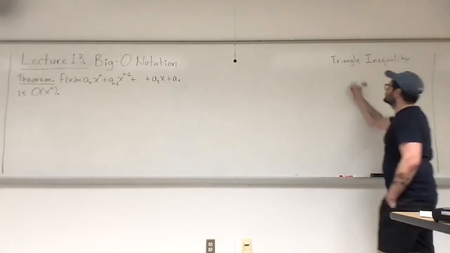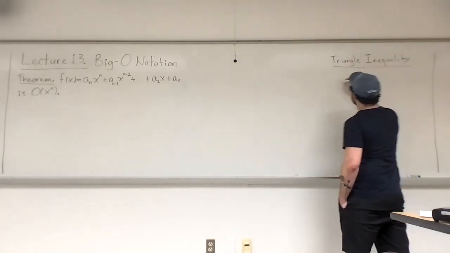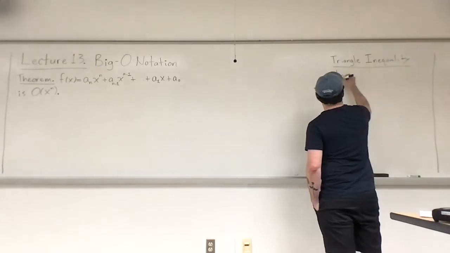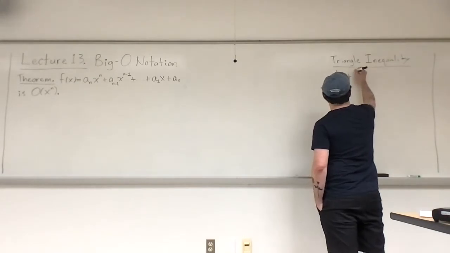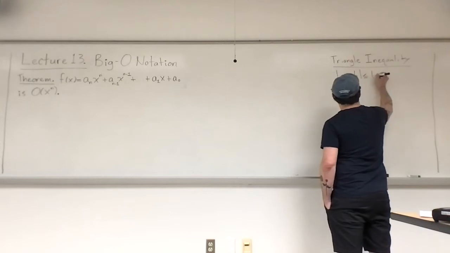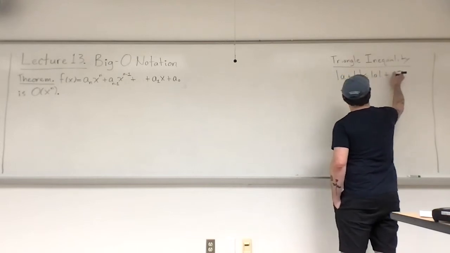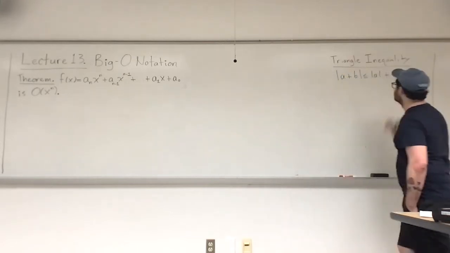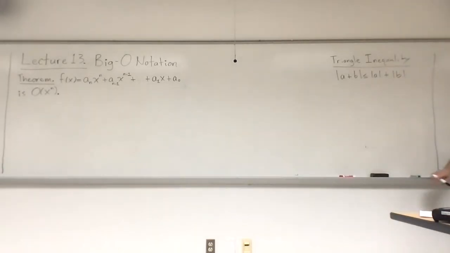So it basically states, in its most basic form, that the absolute value of A plus B is at most the absolute value of A plus the absolute value of B. So the absolute value of the sum is at most the sum of the absolute values. And that's the most commonly used form. But this extends to any number of things.